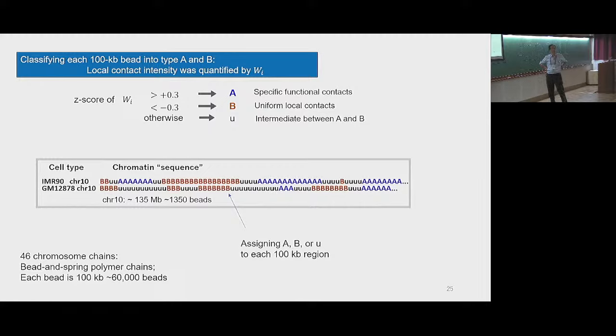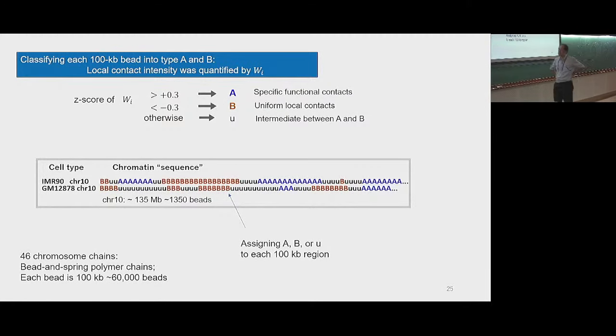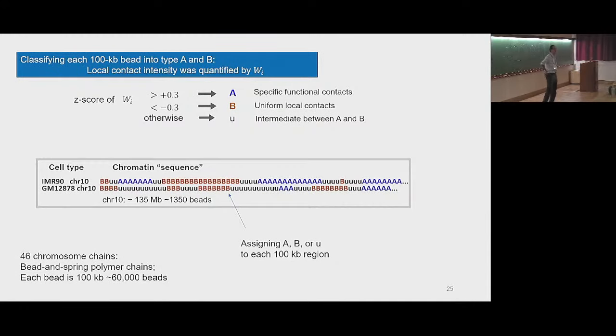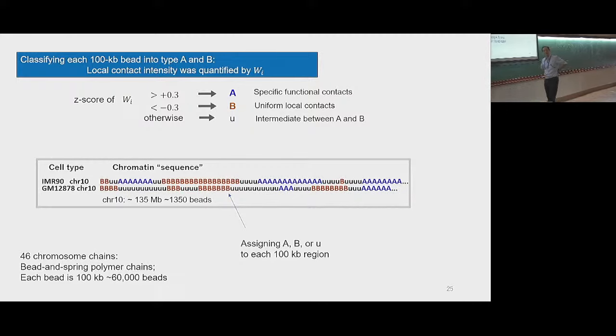So we can assign the H3K9 methylated region as type B and H3K9 acetylated region as type A. We tried to do that with a machine learning method, but we had some exceptional unclassified regions, particularly because H3K27 methylation plays a dual role for gene active and gene inactive regions. So we gave up that assignment from the histone marks, and used the assignment through the local contact intensity.